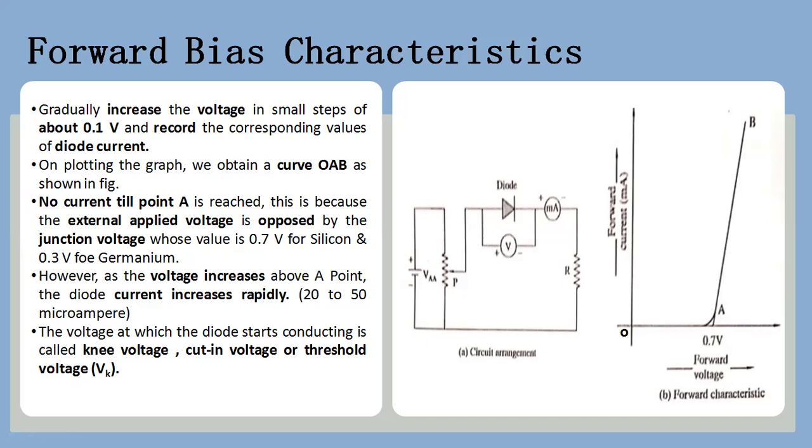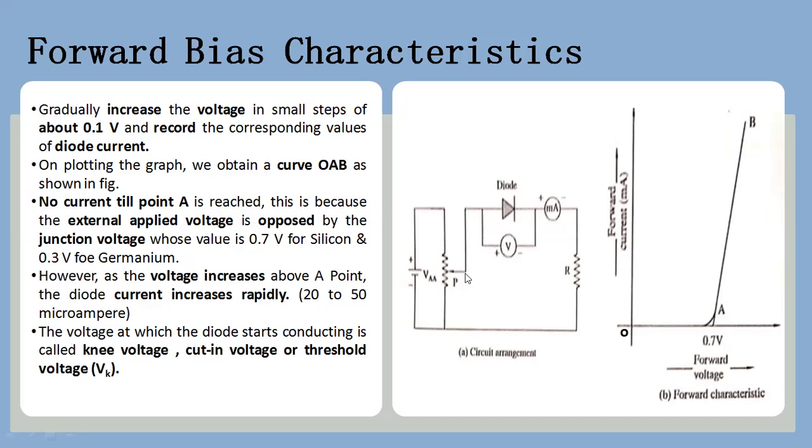We are measuring the current with the help of an ammeter which is connected in series with the diode, and we are also measuring the voltage across the diode with the help of a voltmeter which is connected in parallel with the diode.